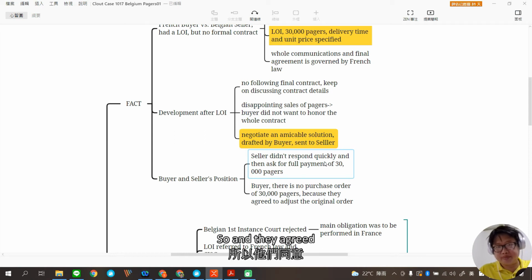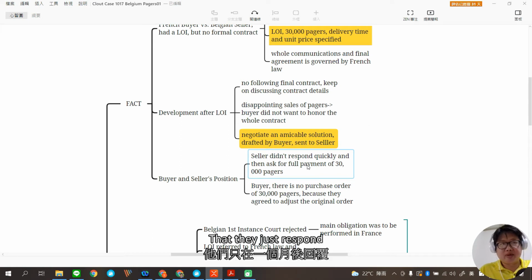And they agreed, maybe orally, and the buyer drafted minutes about the amicable resolution of this case. And the buyer sent these minutes to the seller, but the seller doesn't respond.